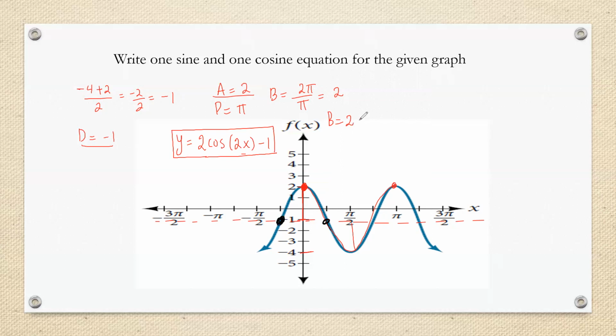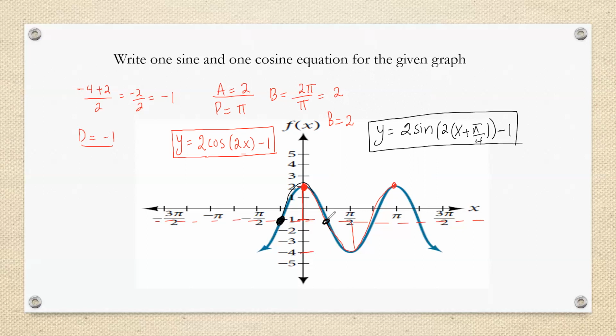Let's start here. My phase shift is -1. That's the only difference, and it's going up, so no reflection. My equation is going to be y equals 2 sine of 2, I'm going to keep the 2 out as my B, x plus pi over 4, minus 1.